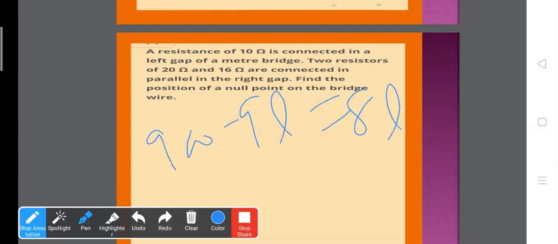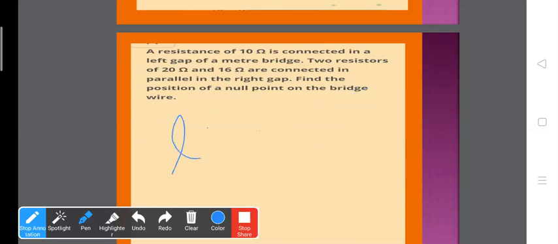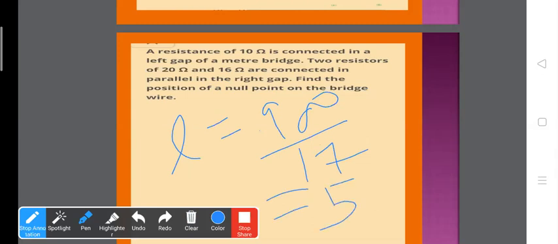Now it will be 17L equal to 900, so L equal to 900 upon 17. On solving this, you will get the answer 52.94 centimeter. Clear? So L is the null point from the left end.